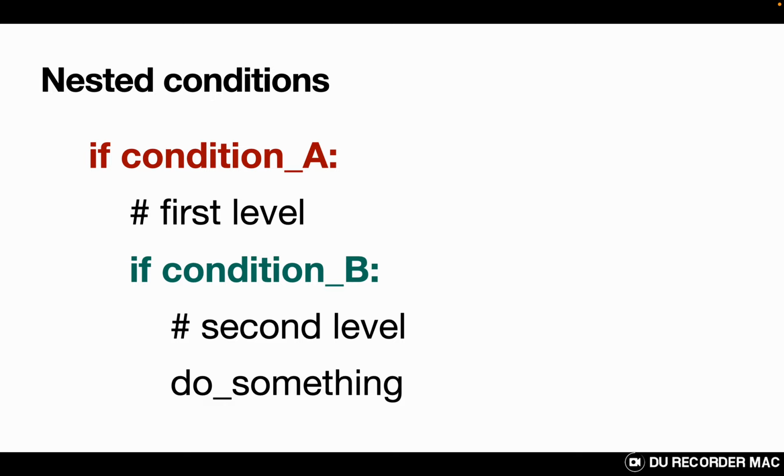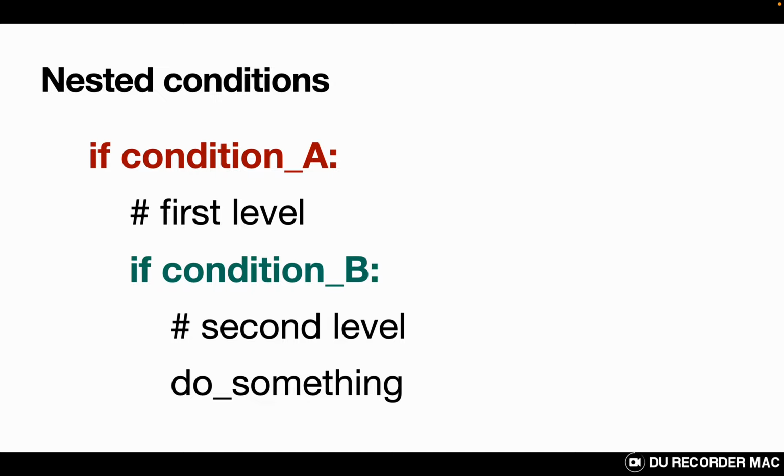For example, let's think of a real life scenario. If it's raining and I have an umbrella, then I will go outside, okay? In programming terms, we first check if it's raining.